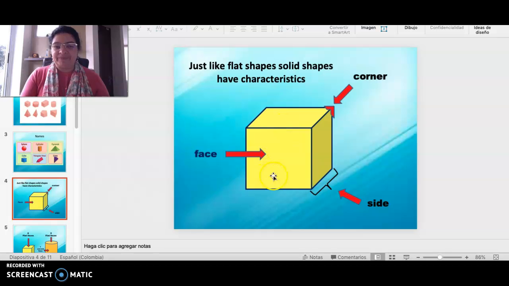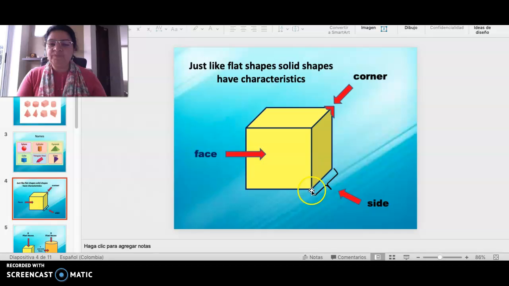For example, here we have the face of this cube, and this cube has 1, 2, 3, 4, 5, and 6 faces. And this one is the side of this cube, okay? And here we have the corner or the vertex, okay?